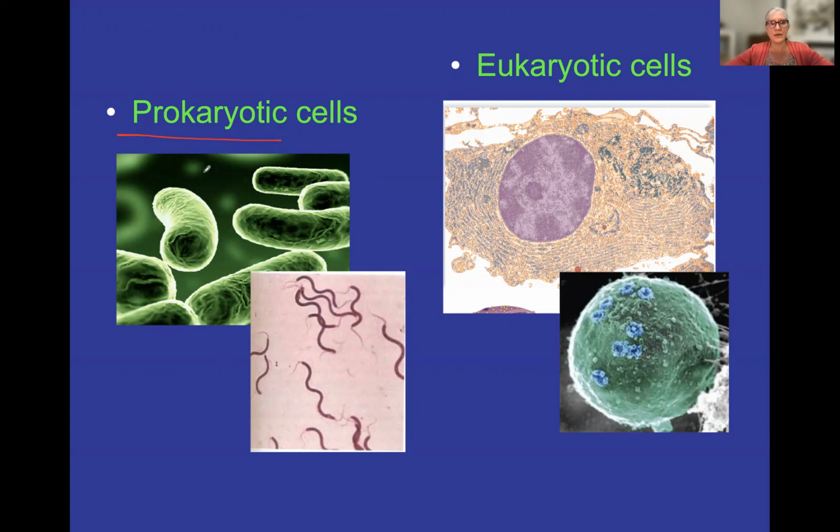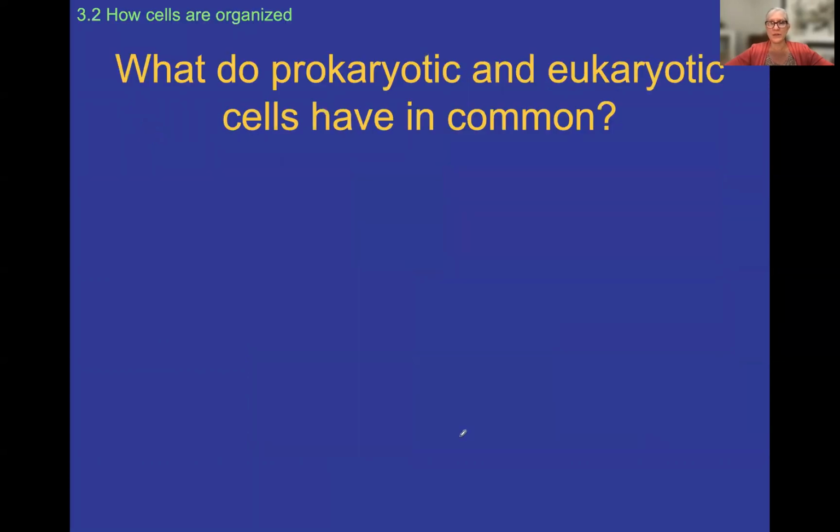So prokaryotic cells here would be a simple rod-shaped bacteria or a spiral-shaped bacterium. They do not have nuclei, and they're much more simple in their organization. Eukaryotic cells, you can see this complex web of membranes in this one. Very large nucleus. And here is also a eukaryotic cell shown with a scanning electron micrograph, having much more complex organization.